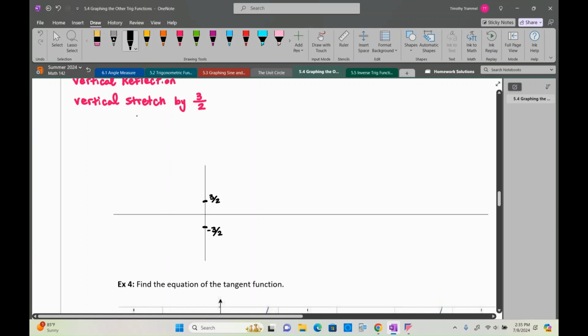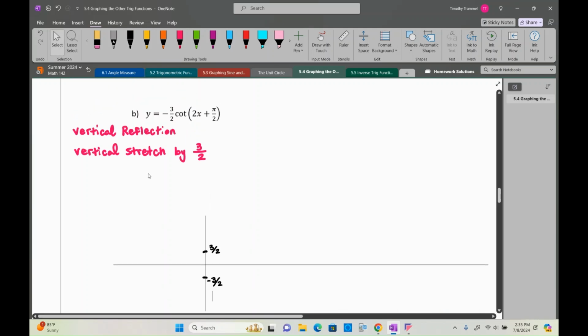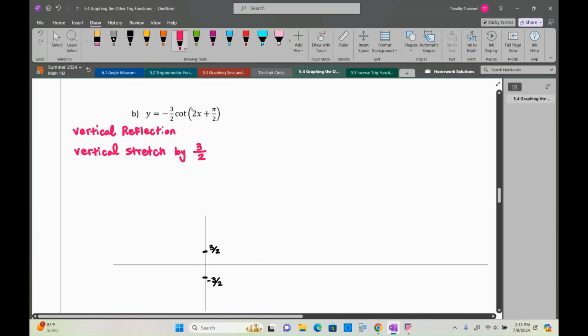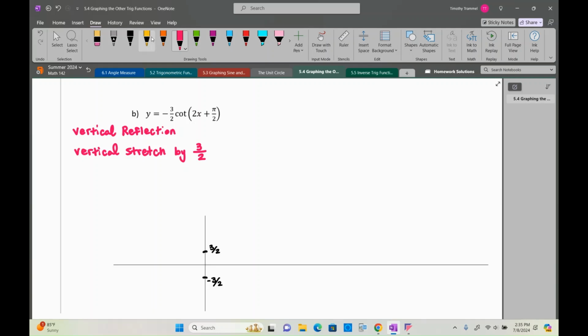There we go. So we have our 3/2 and -3/2 sketched in there. Let's start thinking about some of our other transformations. Before we try to find the horizontal shift and say the period, let's do a little bit of factoring.